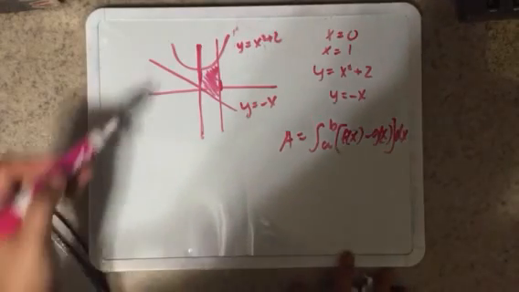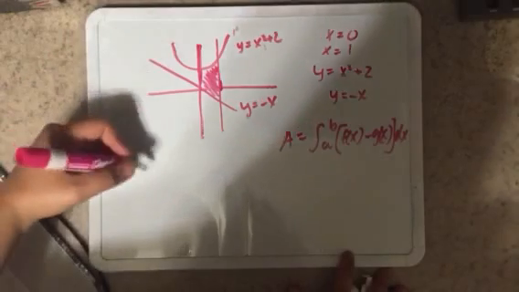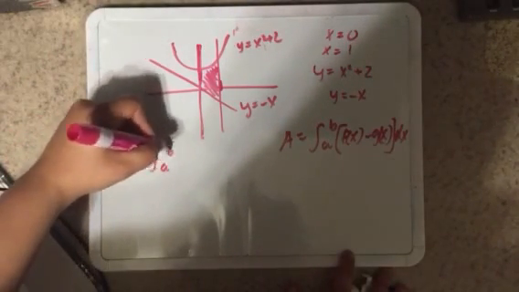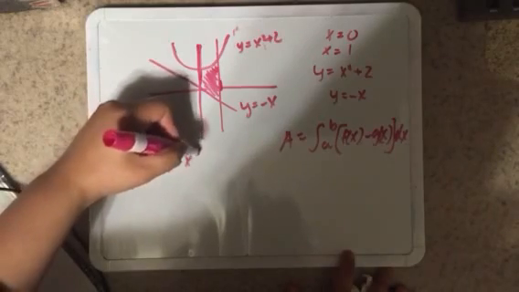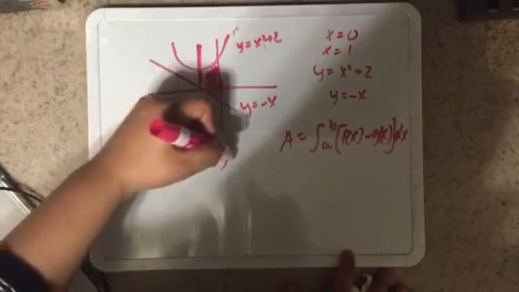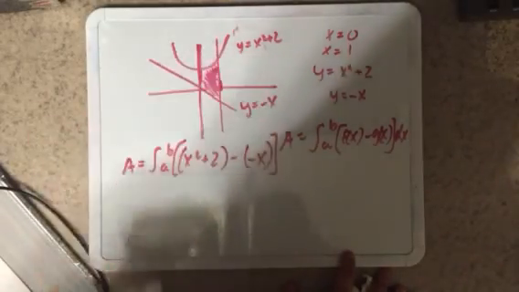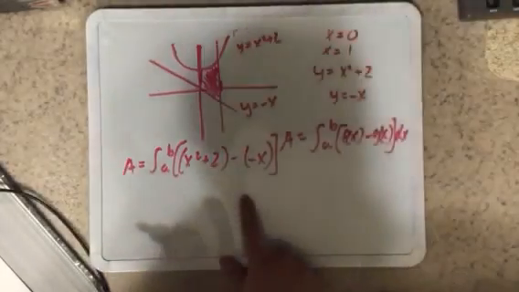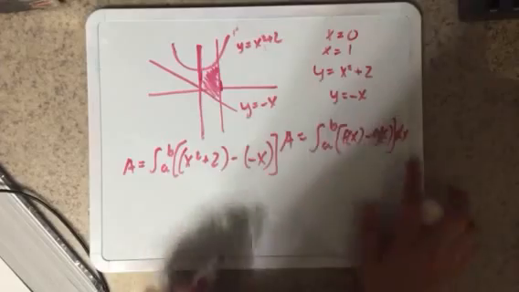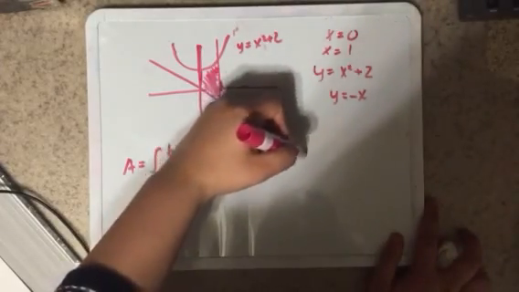And we can set this one right here because it's top to f of x, so it's going to be A equals the integral from a to b of x squared plus 2, because x squared plus 2 is f of x, minus g of x, which is negative x, and that is our formula at the moment. I'm going to erase this now that we know our general formula. That is dx right here.